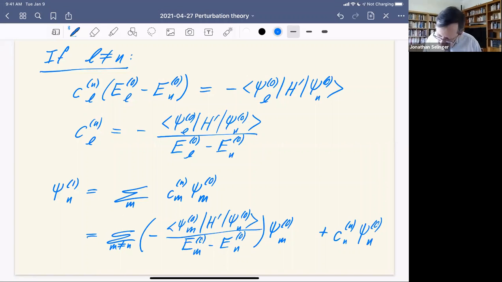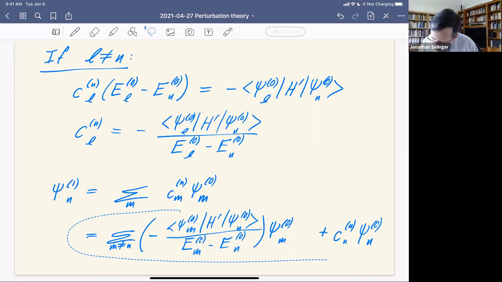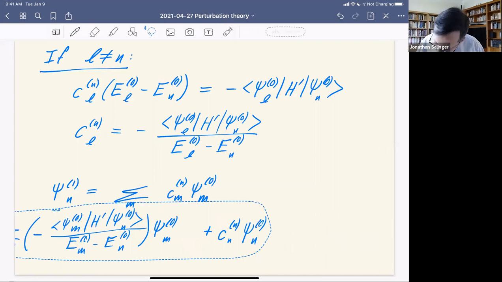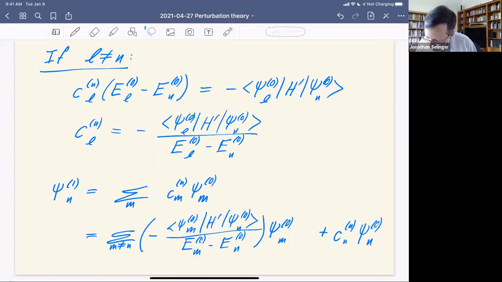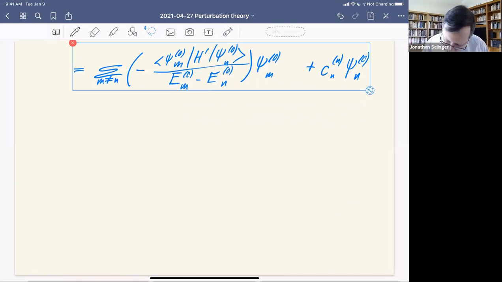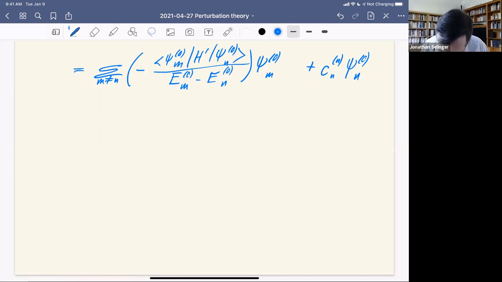So I will take the inner product of both sides of this with psi 0n. Okay, so this is psi 1n.